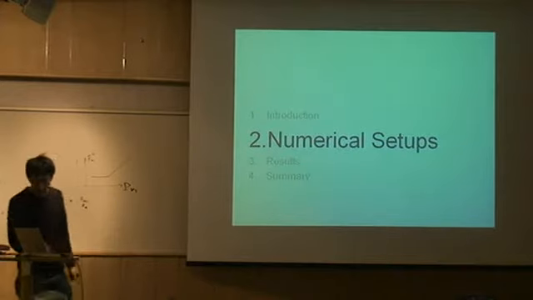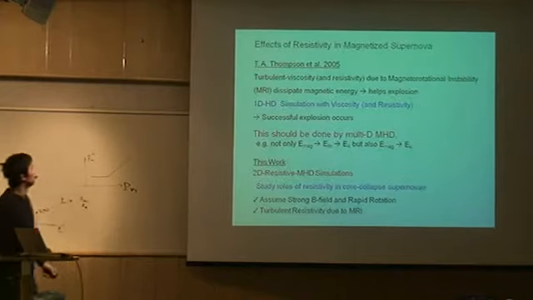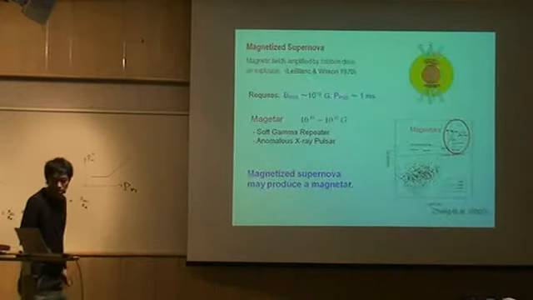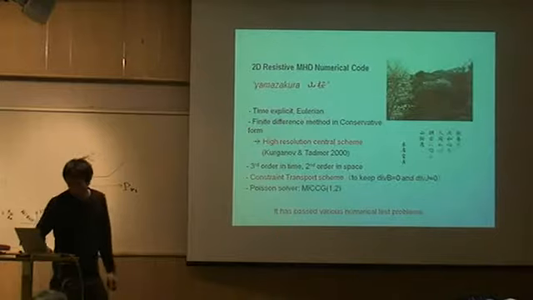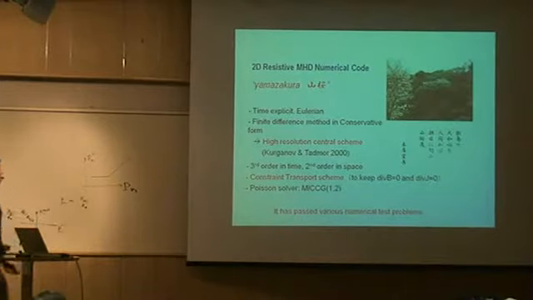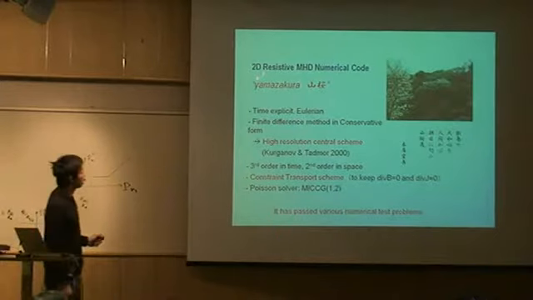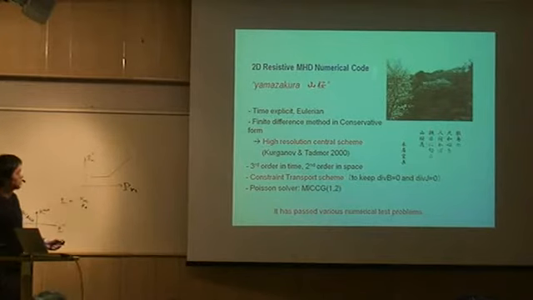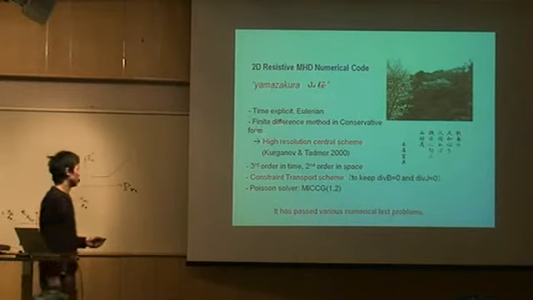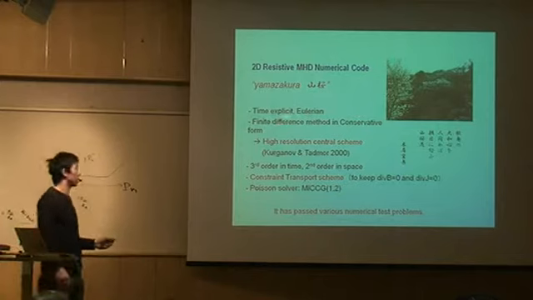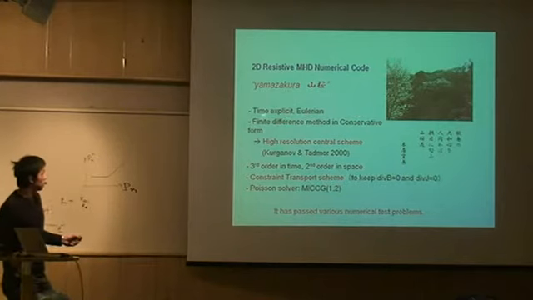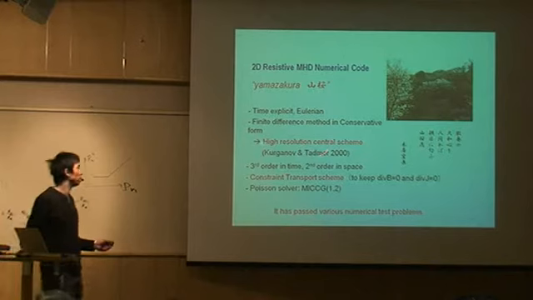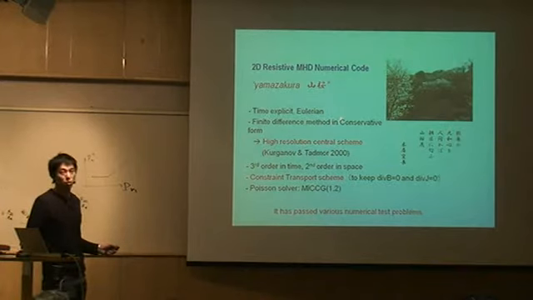So let me go to the setups. For the numerical code, I have developed a two-dimensional resistive MHD numerical code, Yamasakura. Yamasakura is a time-explicit Eulerian code, and this uses the finite difference method in conservative form, implementing the high-resolution central scheme by Kurganov and Tadmor.